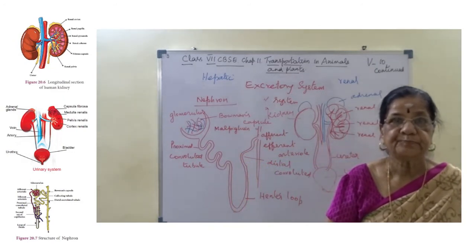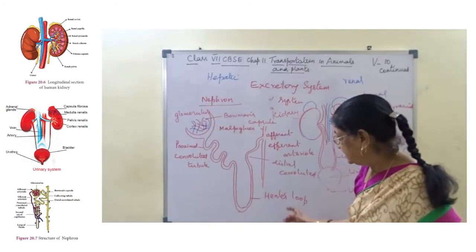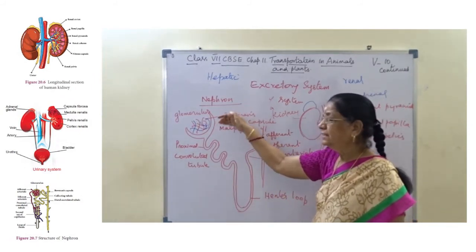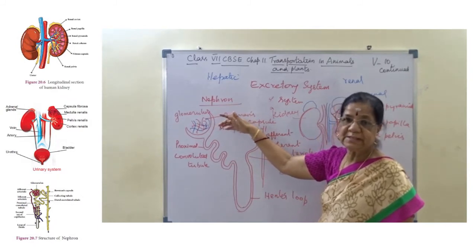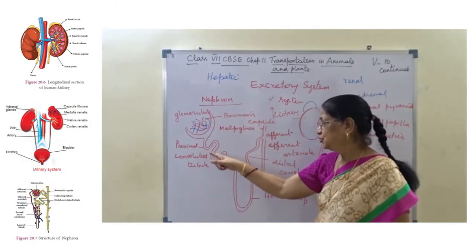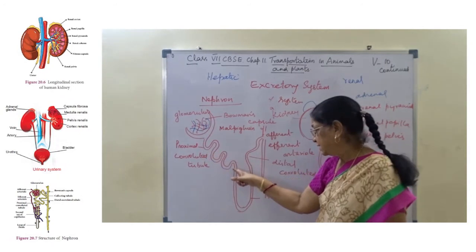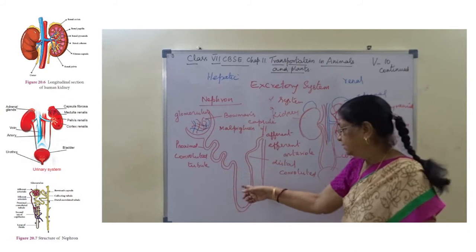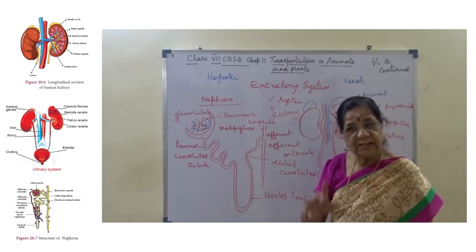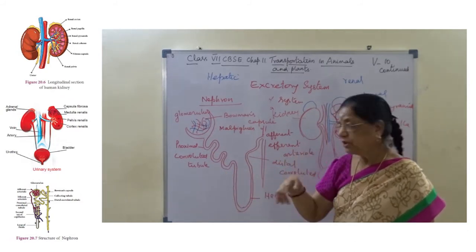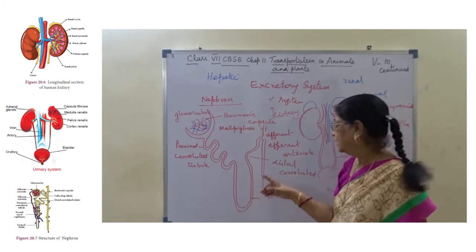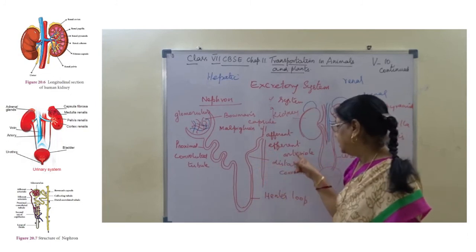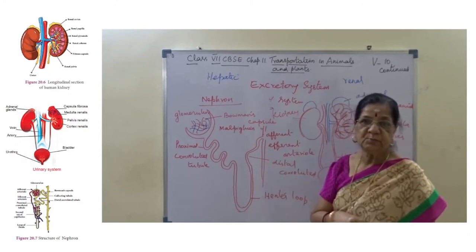I'll continue. So, this proximal convoluted tubule arises immediately from Bowman's capsule. That is continued as the U-shaped Henle's loop. Here there is no convolution, you will just see a U shape. Okay, and then further again a convoluted tubule, that is called distal convoluted tubule.